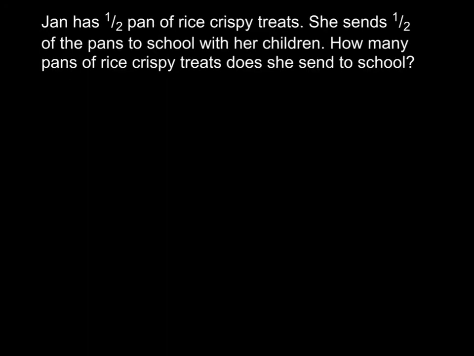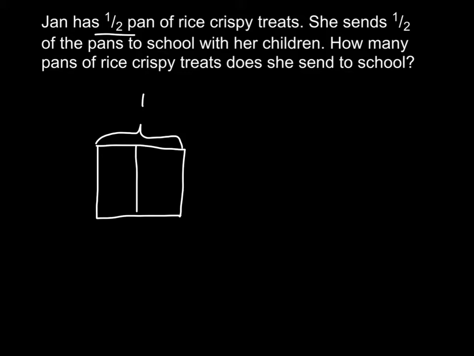Back to the problem. We're going to start by using a rectangular fraction model to solve the problem. So I'm going to draw my whole. She has 1/2 pan of Rice Krispie treats, and I like the fact that they used a pan of Rice Krispie treats because a pan is rectangular.